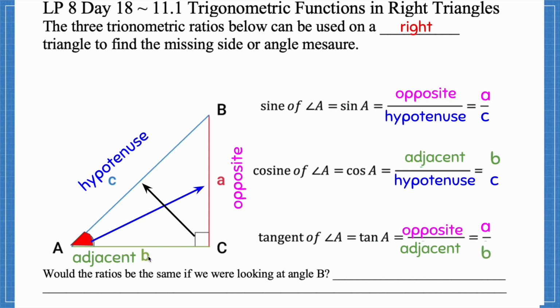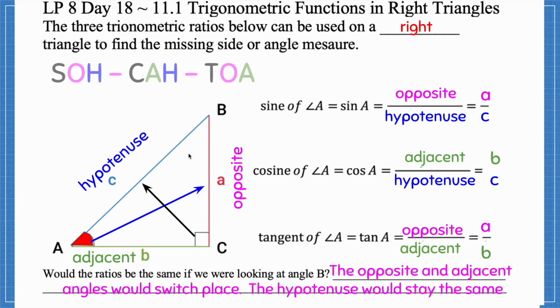One thing to help you remember this, and it's going to sound funny at first, but it definitely helps, is this silly little saying: SOHCAHTOA. It sounds really funny, but it helps you remember all of this without having to remember the words opposite, hypotenuse, adjacent.